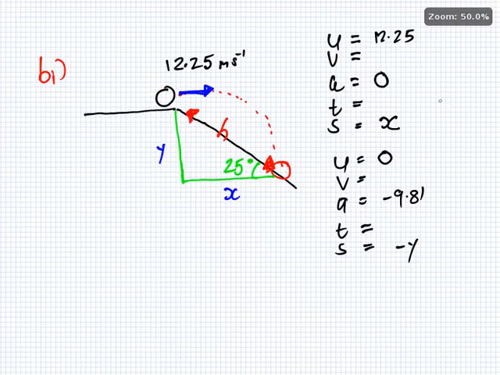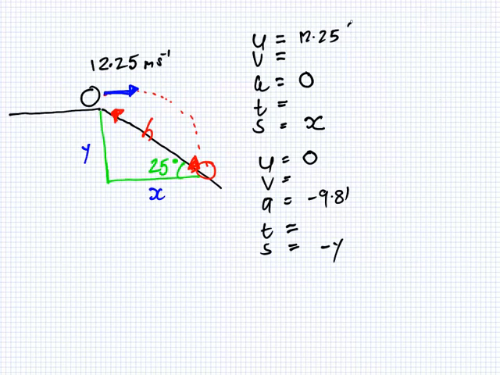Now, what we can do here, listen carefully, I'm going to use S equals UT plus a half AT squared.